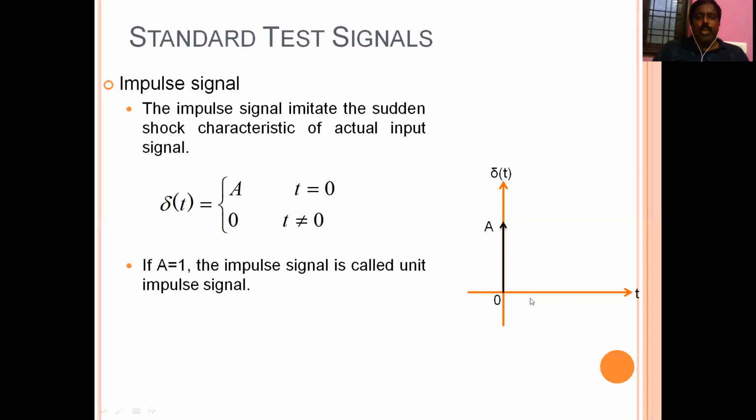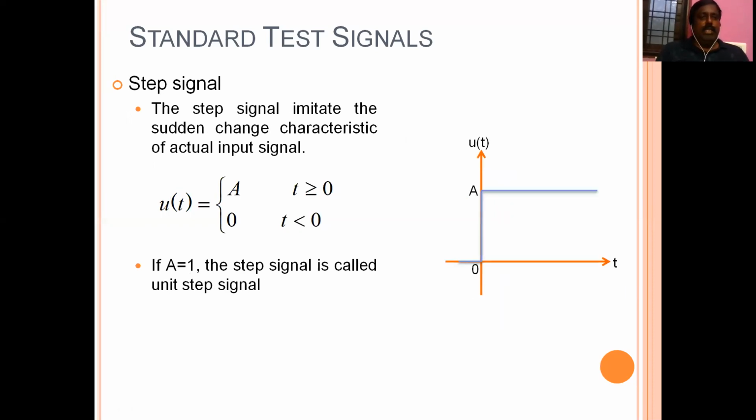If t is less than 0 or greater than 0, then delta of t is equal to 0. Only at t equal to 0 is the value of the impulse represented. When amplitude A is equal to 1, the impulse signal is called the unit impulse signal.